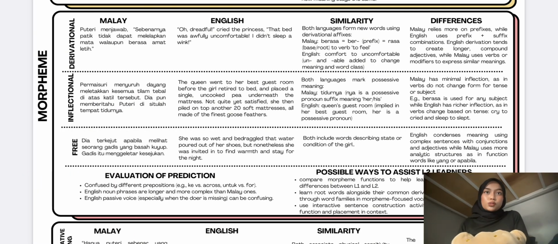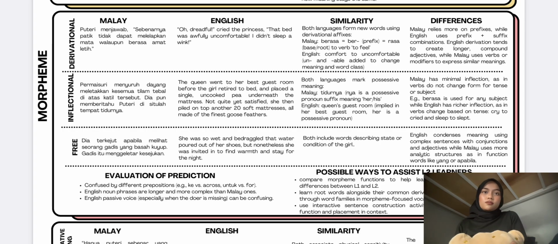Moving forwards to the evaluation of prediction of the linguistic items of morpheme that may or may not cause difficulty in learning. Malay L2 learners may find it difficult with inflectional morphemes in English, for example, plural S and past tense ed, since Bahasa Melayu typically relies on word order or context rather than inflection to indicate tense or plurality.